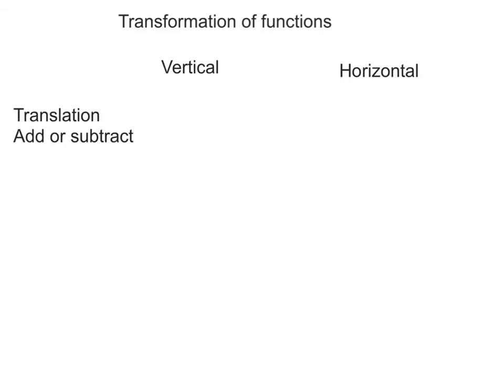For the vertical, it looked like f of x plus k, or f of x minus k, right? When I added k, a number, to the outside of the function, which way did it go? Up, right? When I added k, it went up. When I subtract k, it goes down. So this is up and down.